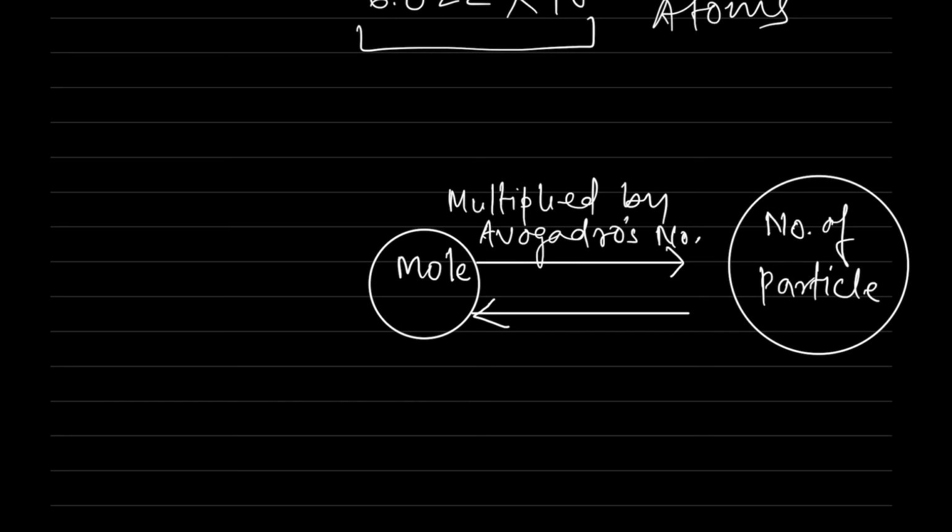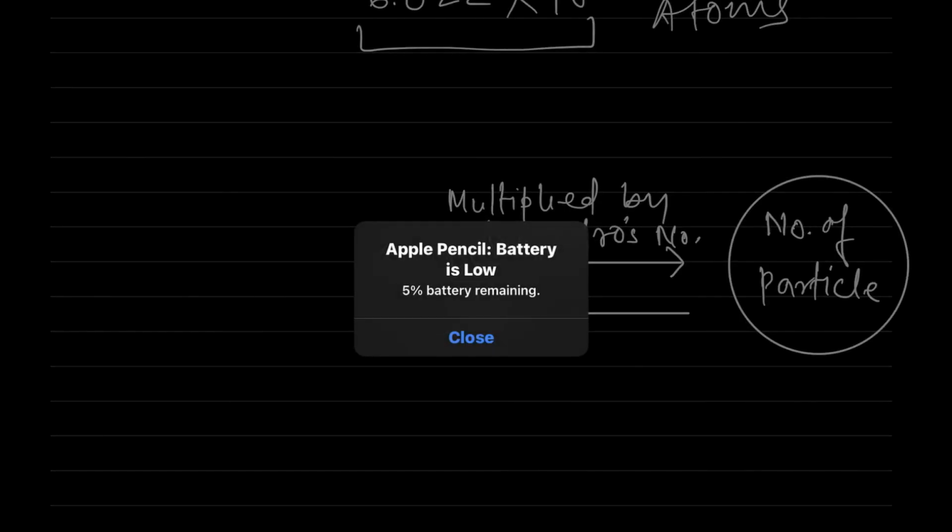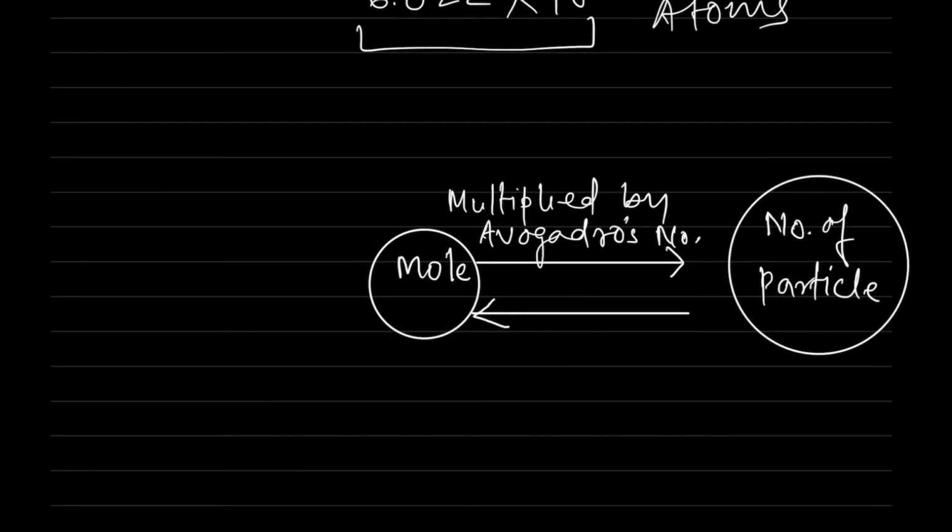And if we want to change the number of particles into mole, we have to divide by the Avogadro number.